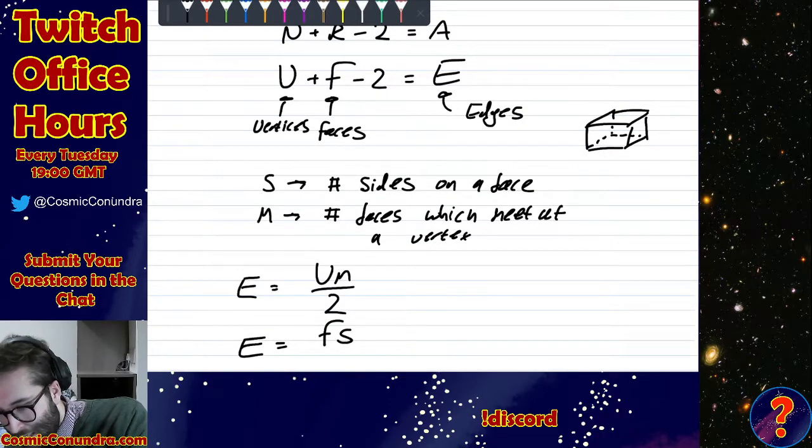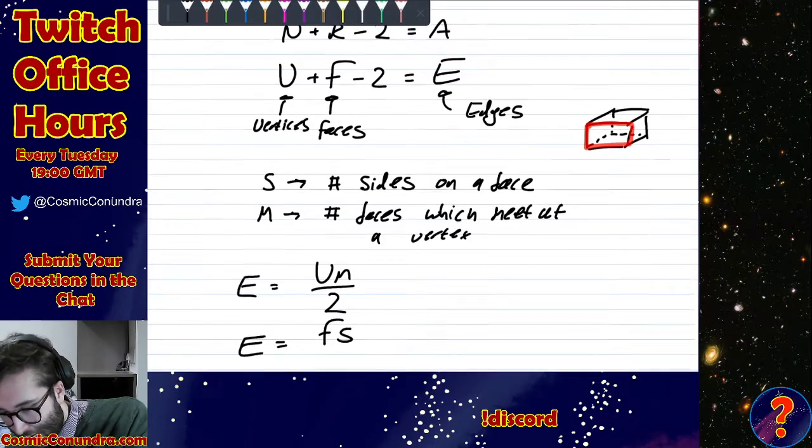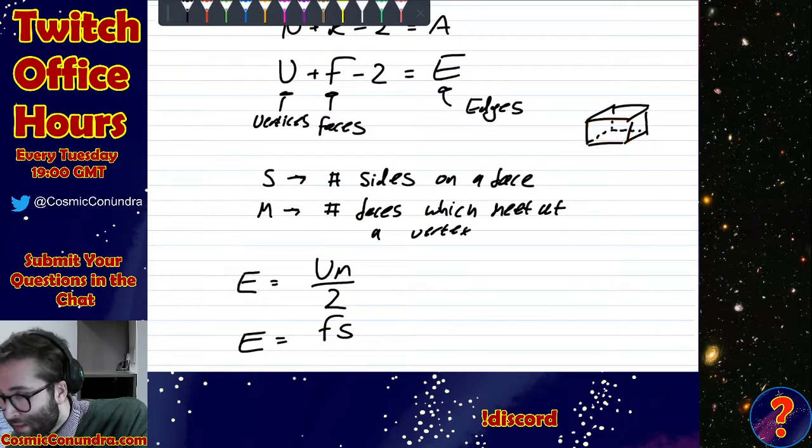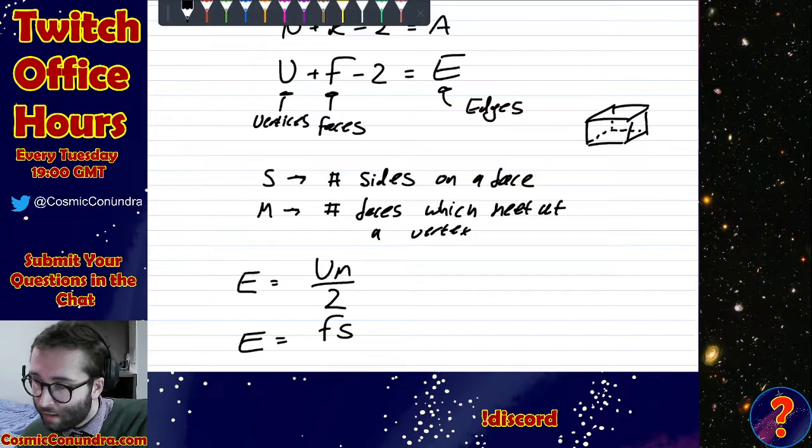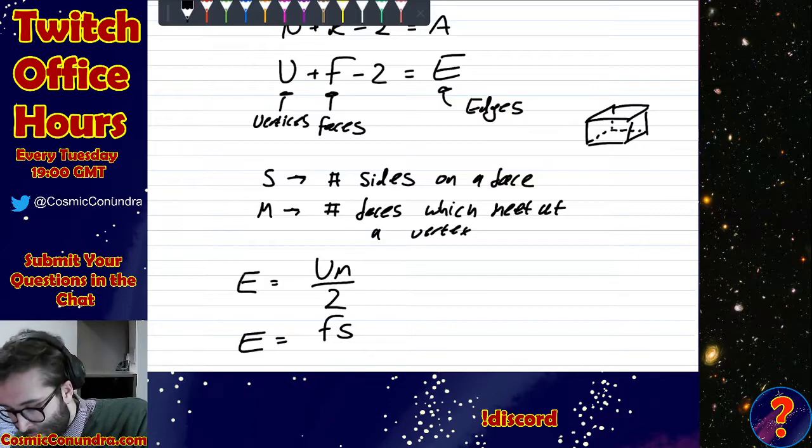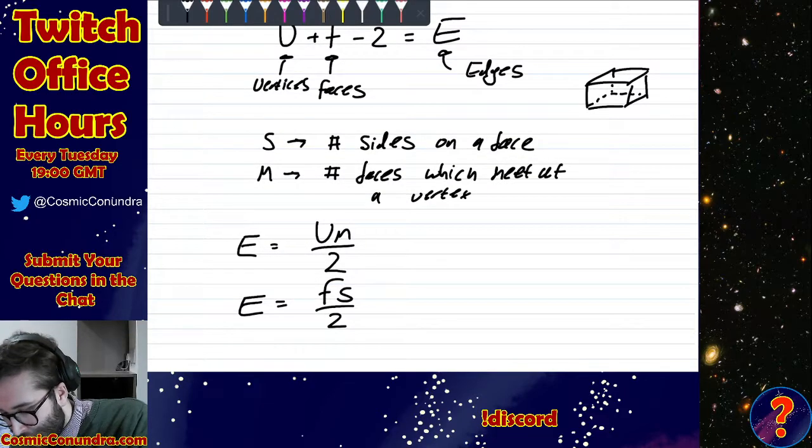But again, in counting how many faces there are, which for the cube would be 6, and multiplying by how many edges each face has, we've again double counted, because each one of these edges is shared between 2 faces. So we'll count every edge exactly twice if we just do the number of faces times the number of sides to a face. So we have to divide by 2 again. Okay.